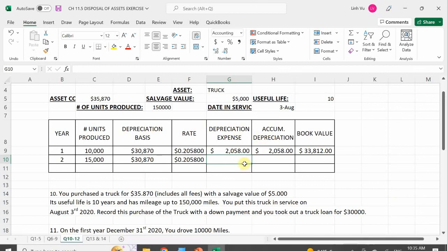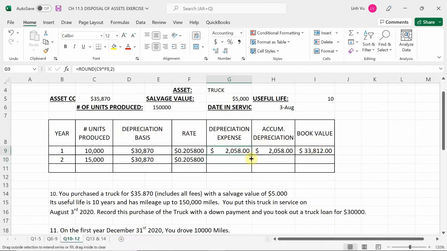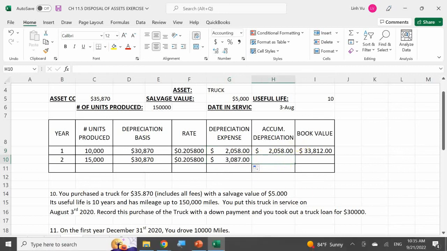Okay. It's $3,087 even. Good. So what's my total accumulated depreciation? 5,145. 5,145. Good.